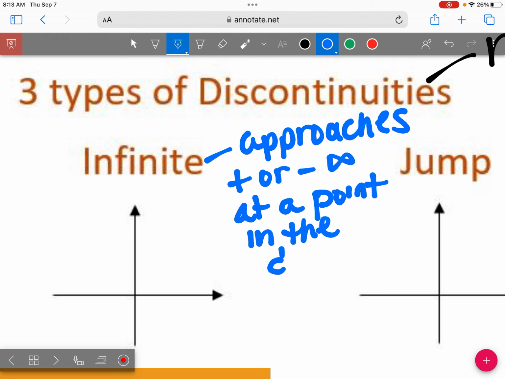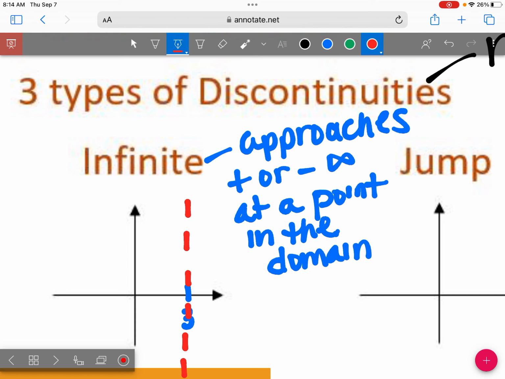So let's go ahead and draw an example. We'll say our discontinuity is occurring at x equals 3. So this is where 3 would be. I'm drawing in a dashed line, but this dashed line is not a part of the graph, okay? Dashed lines are not a part of the graph.